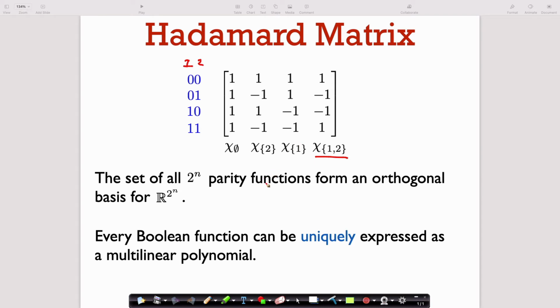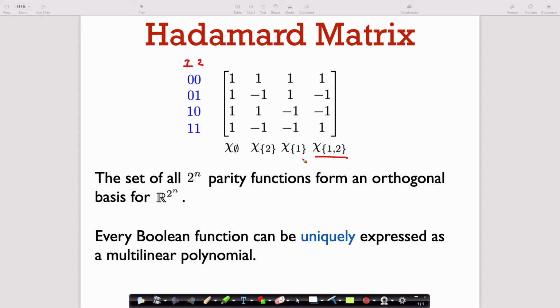A consequence of that is that every Boolean function can be uniquely expressed as a linear combination of these parity functions, right? Because these parity functions are always going to be the columns of a Hadamard matrix, and we know that the Hadamard matrix is invertible.